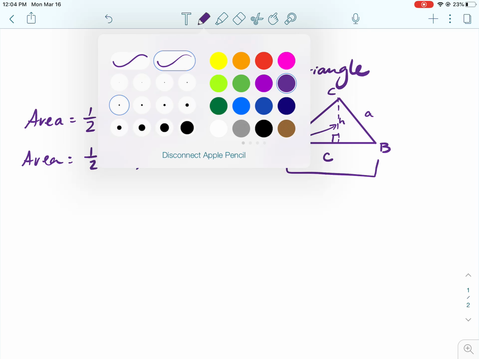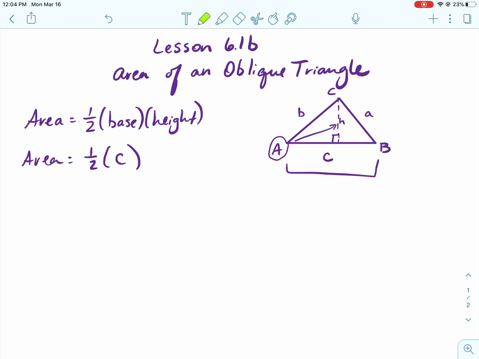Let me just draw it with another color. We have a right triangle that we formed right here.